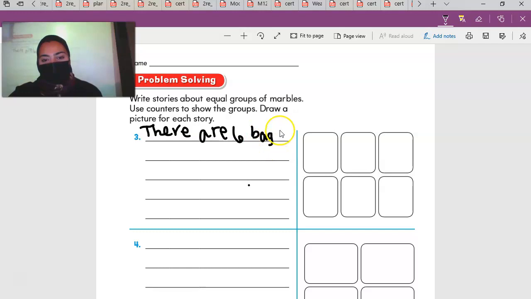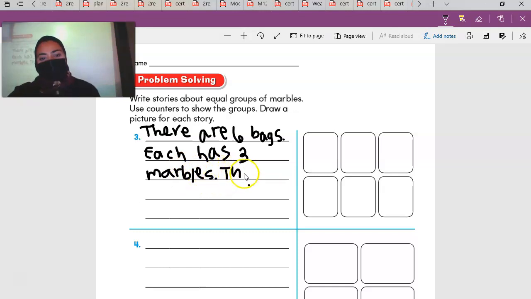And then you said each bag has what? Each bag has 3 marbles. Okay, then what? Very good.